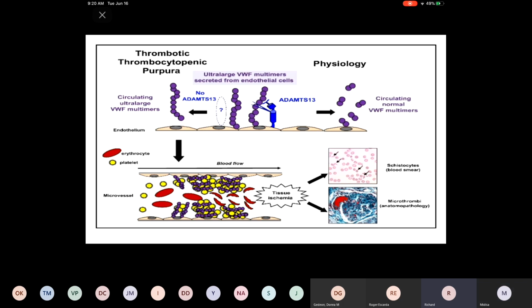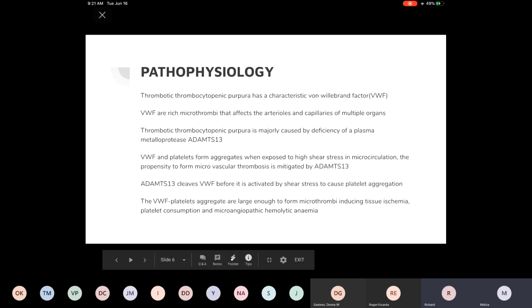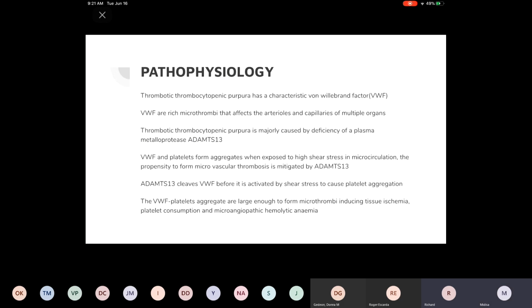So in the case, can you move to the next slide? Mm-hmm. So for most patients, in all cases, TTP is characterized by VWF-rich microthrombi that affect the arterioles and capillaries of multiple organs. TTP is majorly caused by a deficiency of a plasma metalloprotease, that's ADAMTS13.